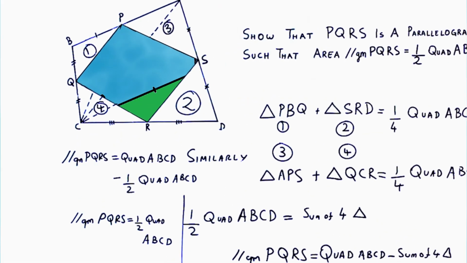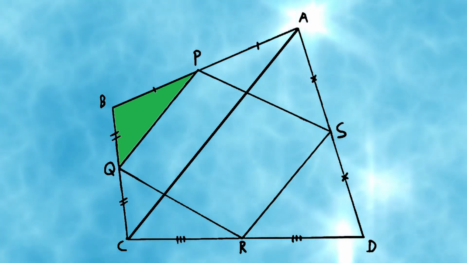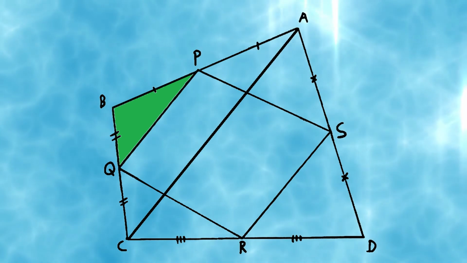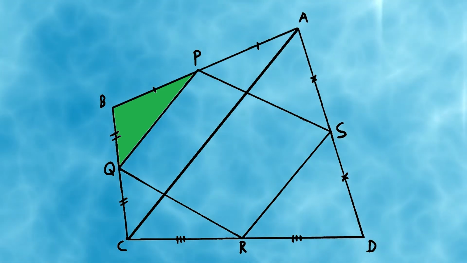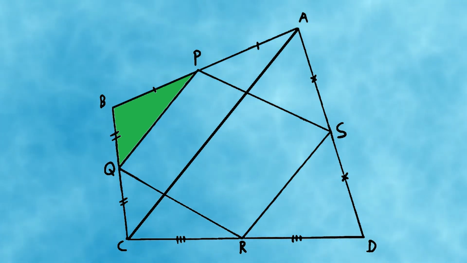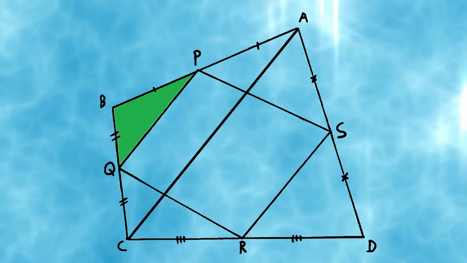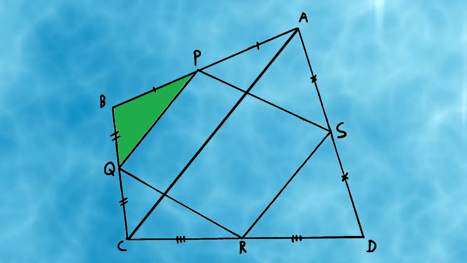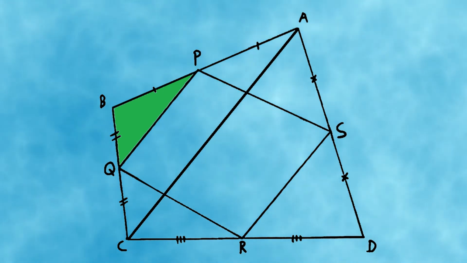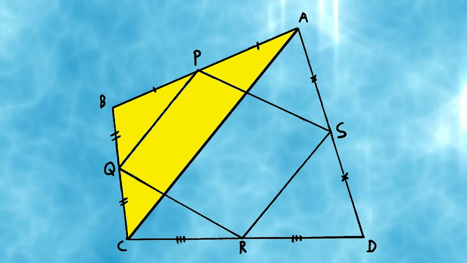Alright, now let's try to summarize the entire proof in a visual way. We would like to see it with figures. So the first triangle which we have highlighted here is the green triangle BPQ. It is 1/4 of this yellow triangle ABC.